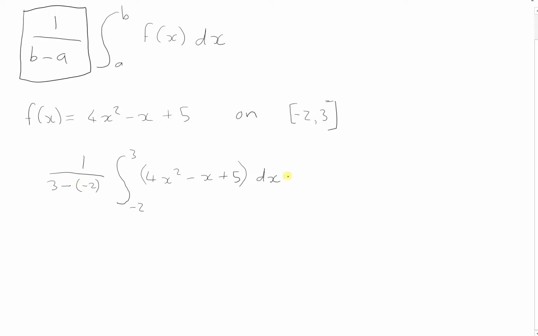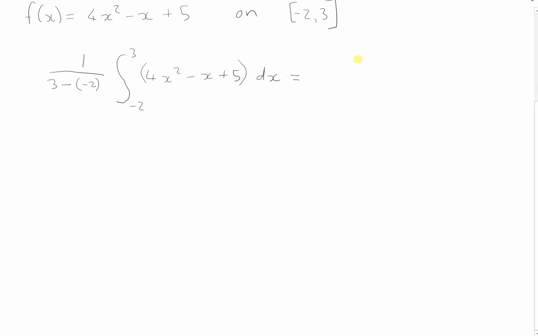Okay, so what is this going to become? Let me do it underneath. What I'm going to have over here is 1 over 5, because it becomes 3 plus 2, which is just going to be 5. We have it from -2 to 3 of 4x squared minus x plus 5.